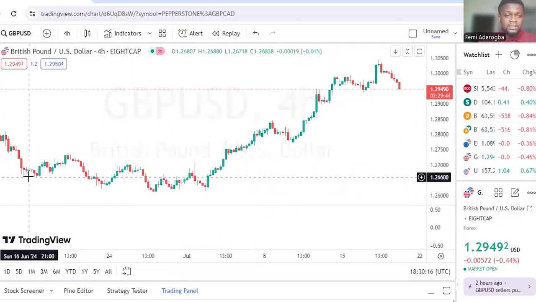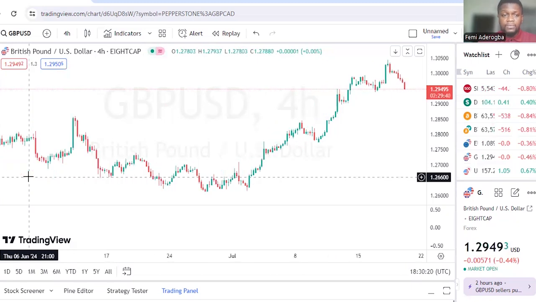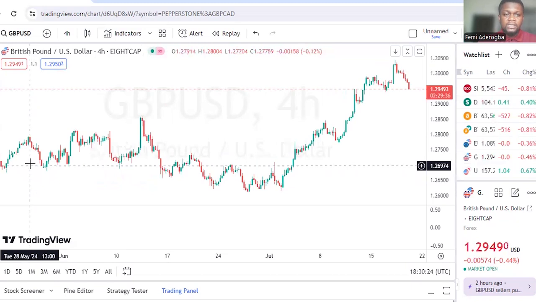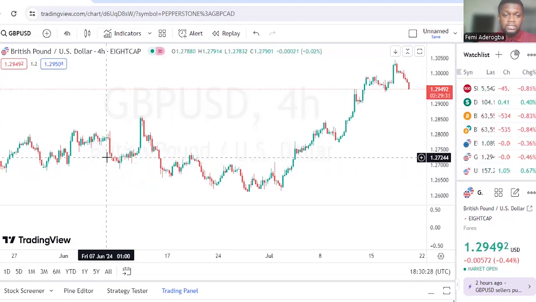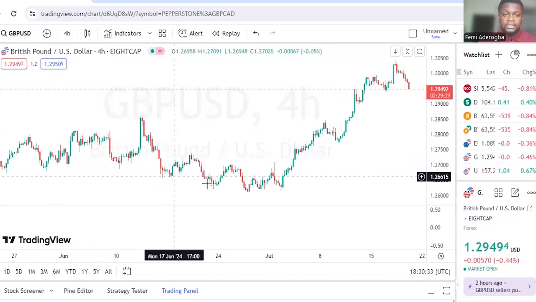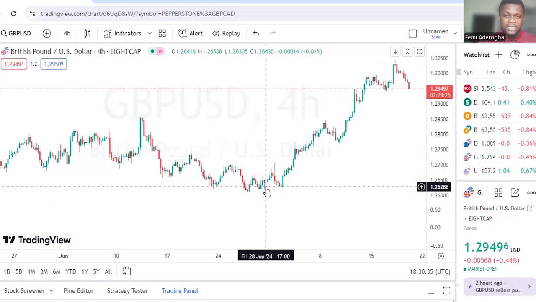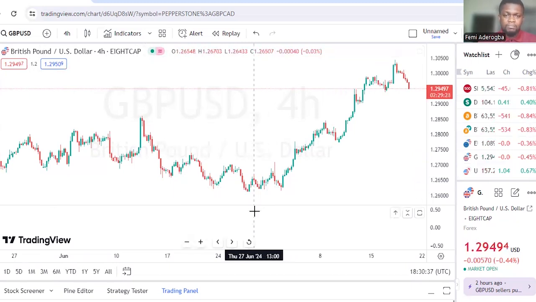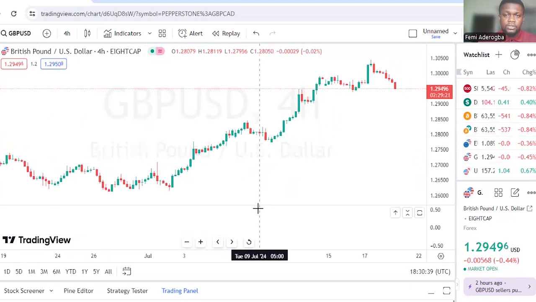Today is July 18, and the last 30 days should be June 18. You can see the market does not really give us a clear picture. And because of that, we can just focus there.